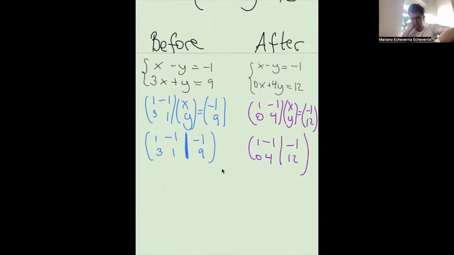Okay. So in terms of the matrices, it's a lot easier to see what's happening. What you literally did was multiply the coefficients of the first row by -3 and add them to the coefficients of the second row.